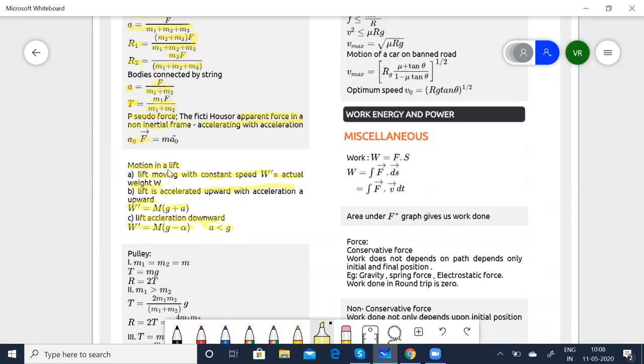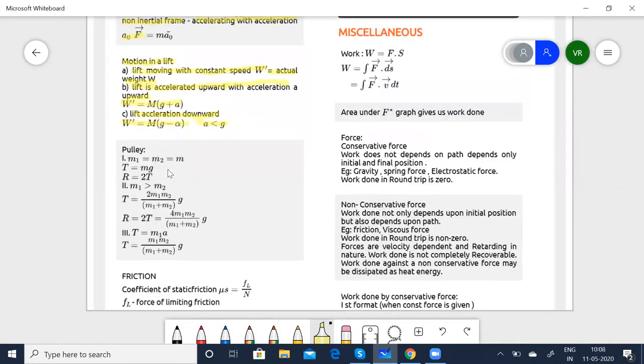Okay, next coming to the pulley. When the bodies are connected, and another mass is connected over a pulley.